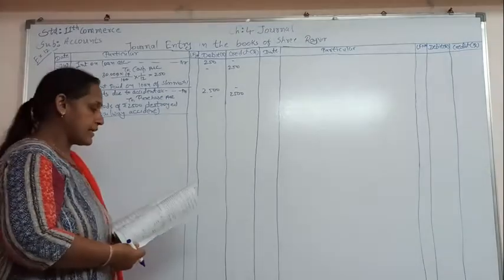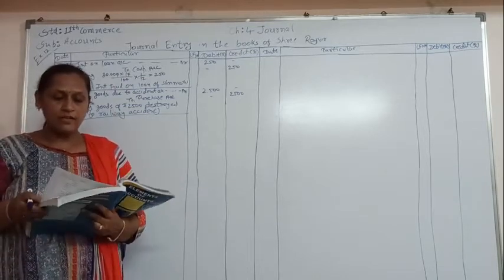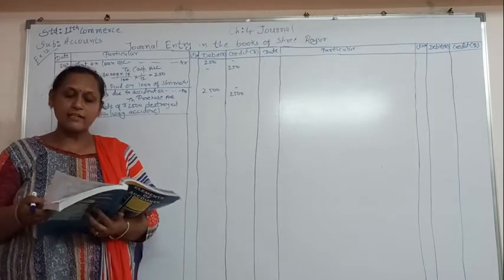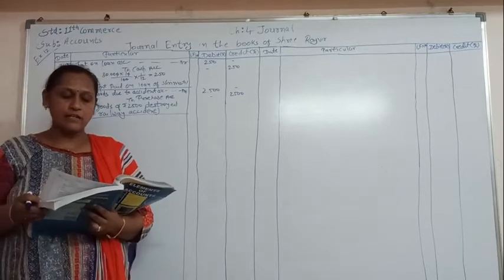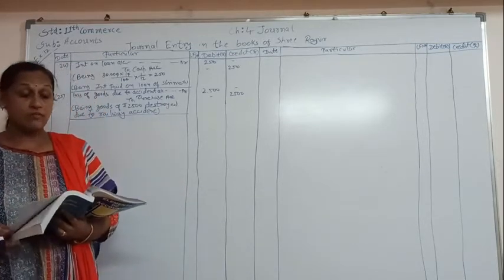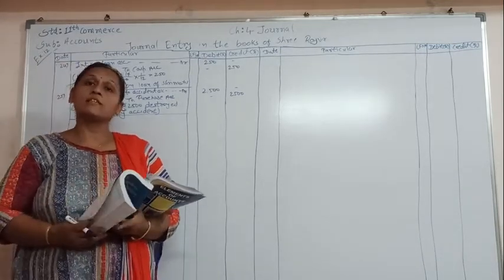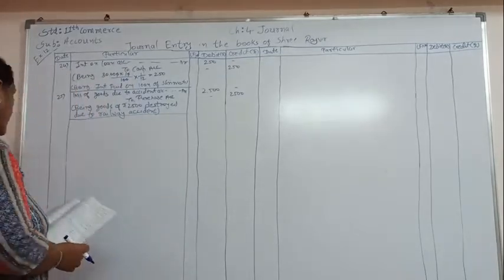Now let's see the next. Rupees 50 share of Adani Power Limited purchased at market price 300 per share, and 2% brokerage included, amount paid by check. So here we have made the investment in Adani. So investment of Adani Power account debit.